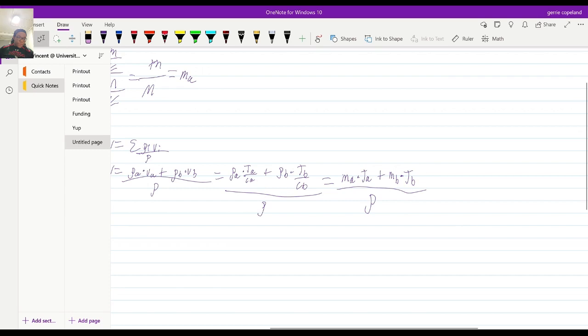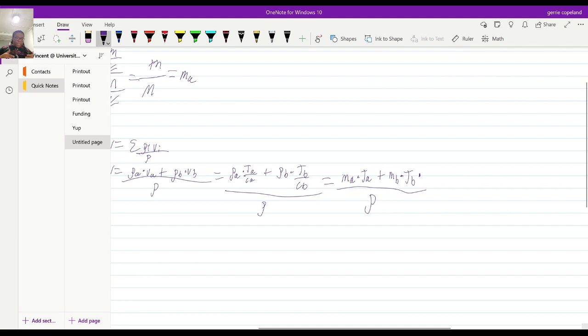Now we want to see what we can do about this diffusive flux of B. In diffusion overall, one particle moves in one direction and another particle comes and takes that place.